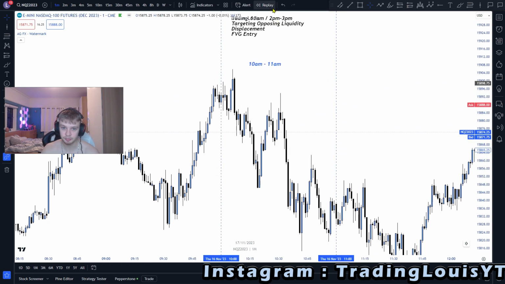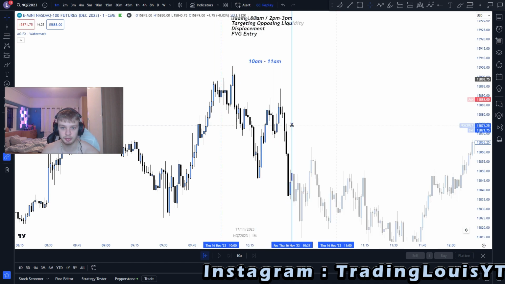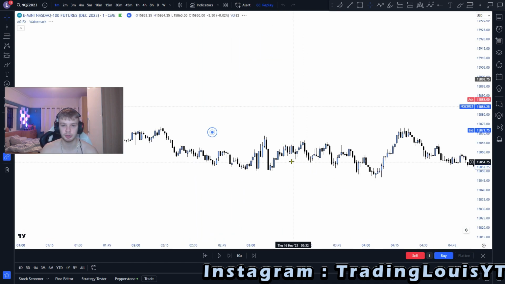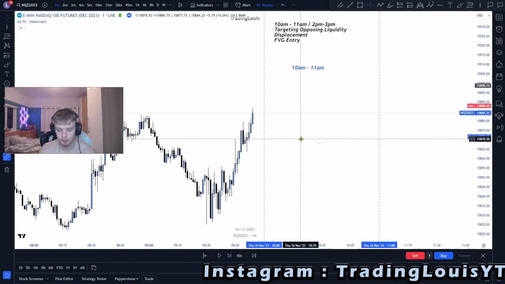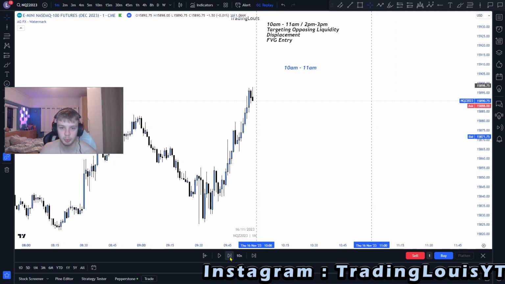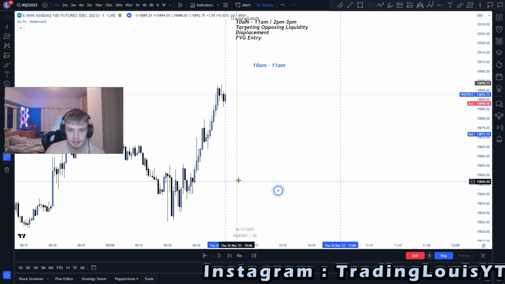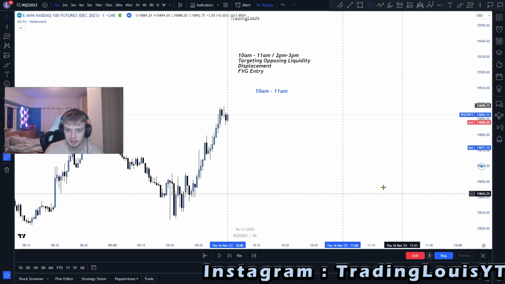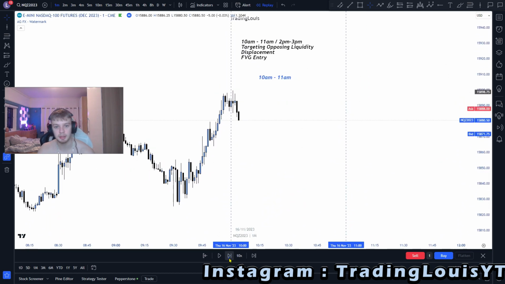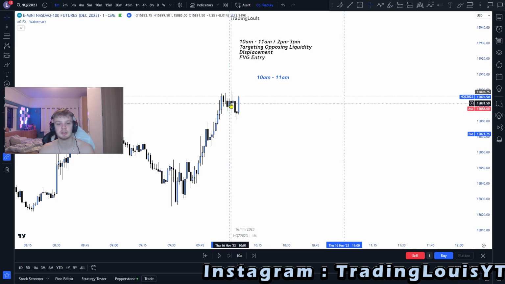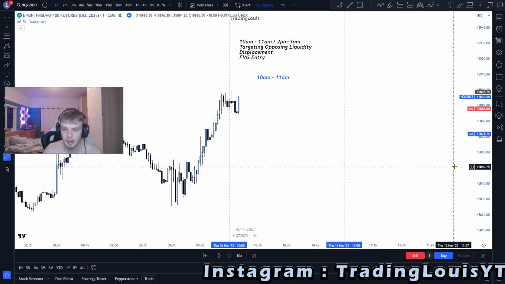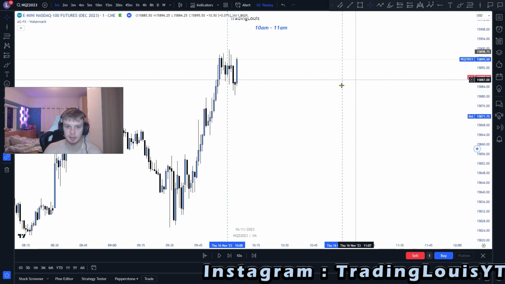So let's just jump in replay and I will show you how to find the silver bullet trade. As you can see, we have upwards movement, and then 10 a.m. comes. So this is when we will look for our silver bullet trade. We keep playing the charts out, then we get this small fair value gap created, but there is not really any displacement.